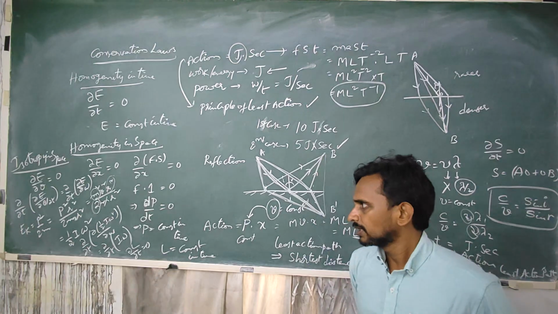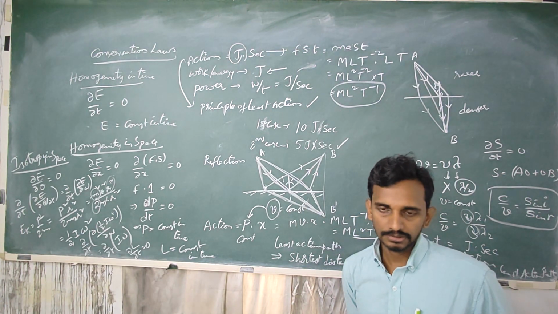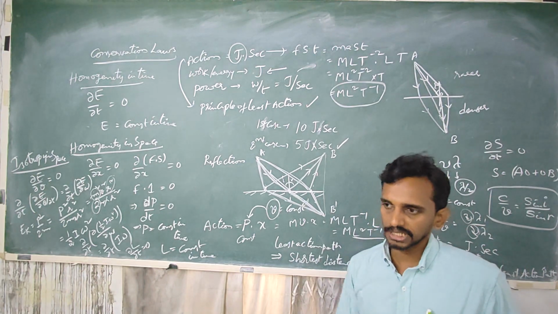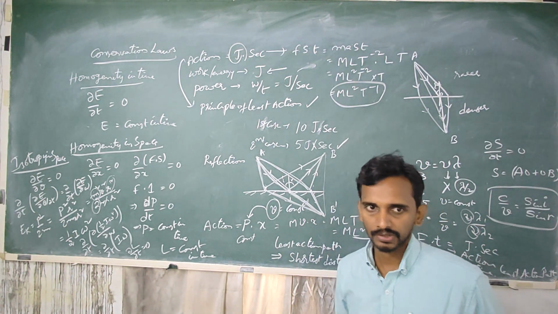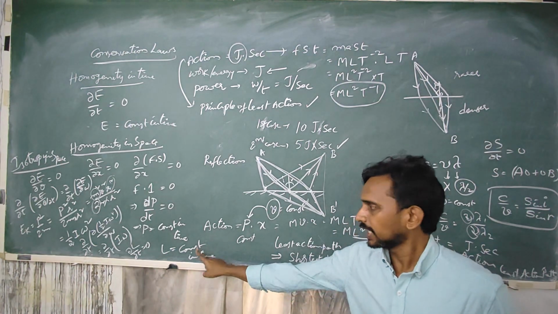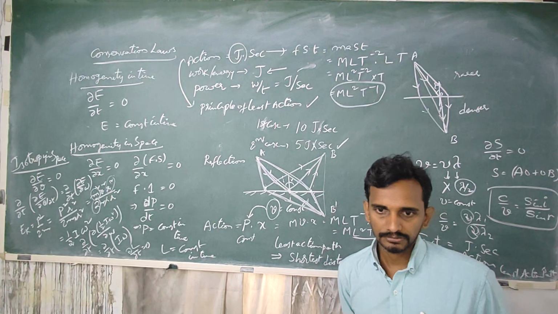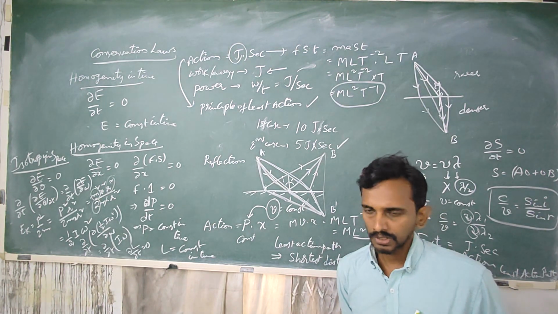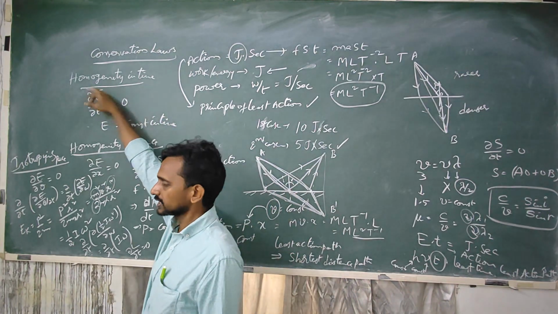So when there is isotropy in space, that means the particle experiences an equal amount of force at a fixed distance from a point, then angular momentum remains constant in time. Everywhere we have to see the energy conversions as a function of time.